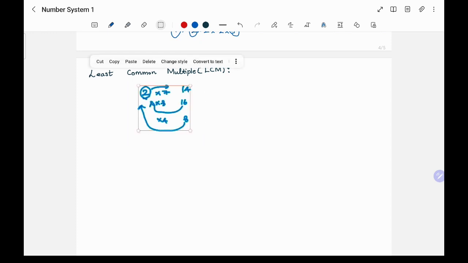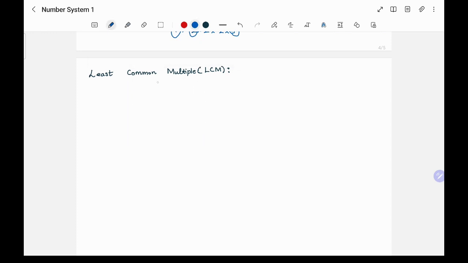So if you take 2 numbers, again I will explain what a common multiple is before we go into least common multiple. Take 2 numbers. I will say 5 and 3. So common multiples of 5 and 3: any number you choose should be divisible by both 5 and 3.